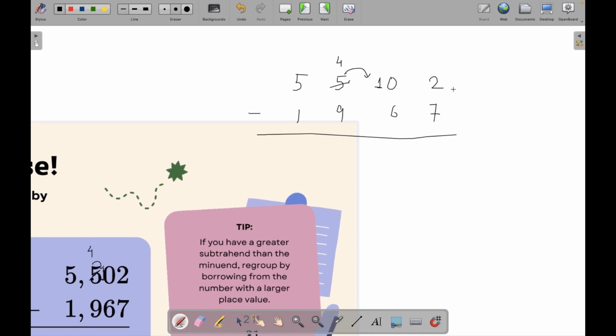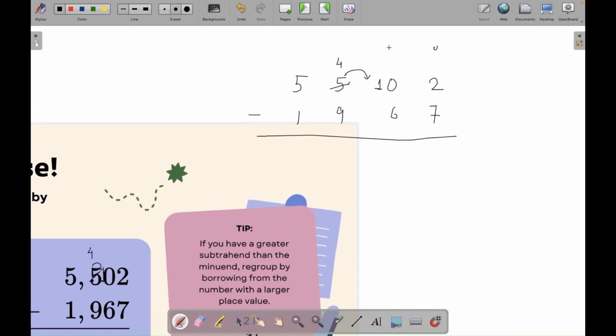Because, say, this one is the units digit, this one is the tens digit, this one is the hundreds digit, and this is the thousands digit. Now, when I'm borrowing 1 from this 5, I'm not borrowing just 1, I'm borrowing 100, which is equal to 10 tens. So, this will be 10, right?